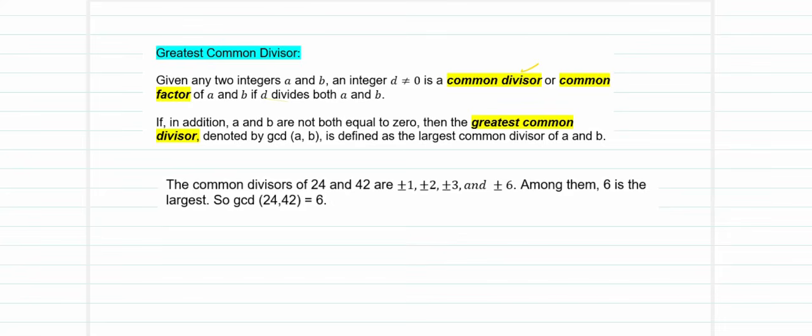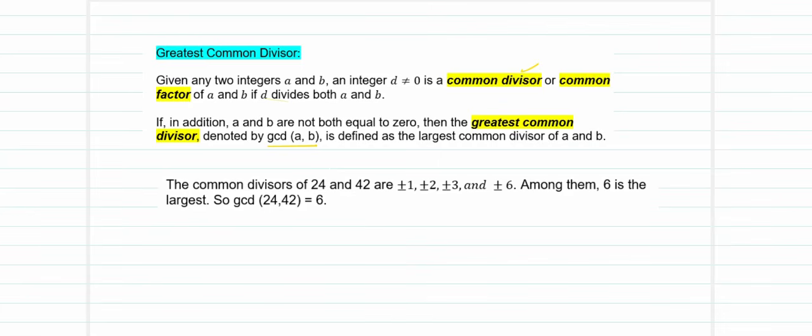If in addition a and b are both non-zero and we are able to find the greatest of the common divisors, then that is denoted as GCD of a and b. Of all the common divisors which we have, we find which is the greatest, biggest of all, and that we denote by the term GCD.